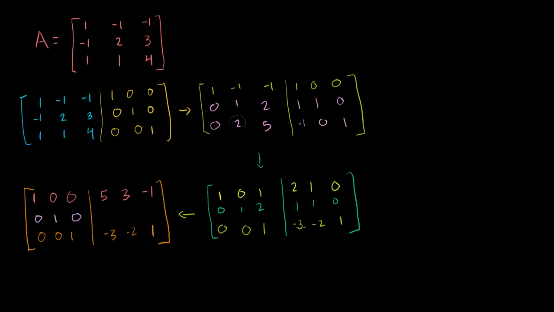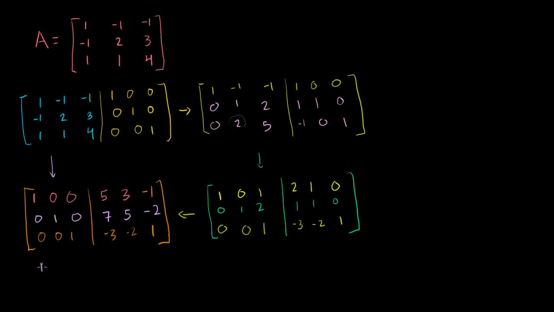We have to be very careful not to make any careless mistakes. 1 minus 2 times minus 3 is 1 plus 2 times 3, that is 7. 1 minus 2 times minus 2 is 1 plus 4, which is 5. And then 0 minus 2 times 1, so that's minus 2.